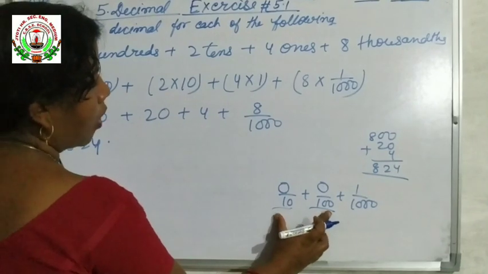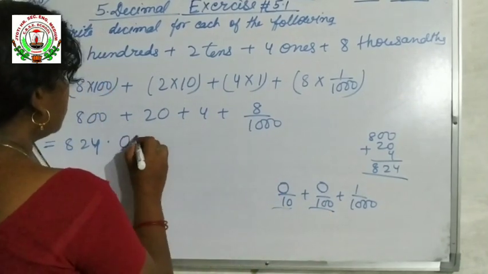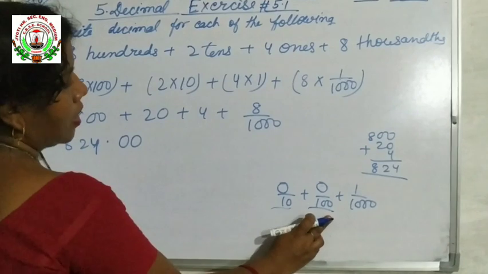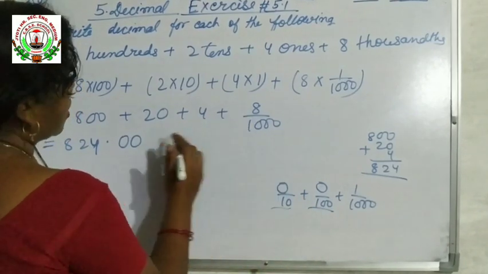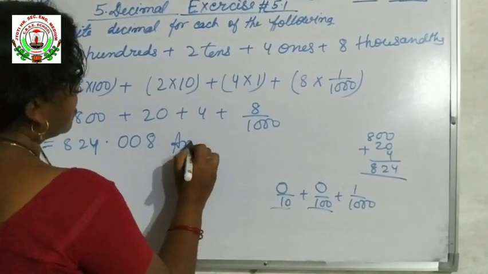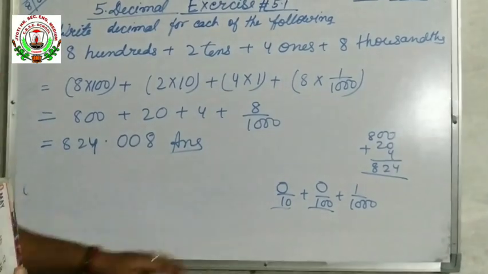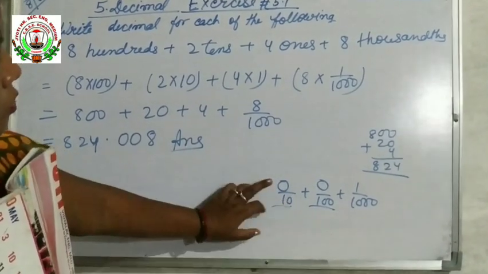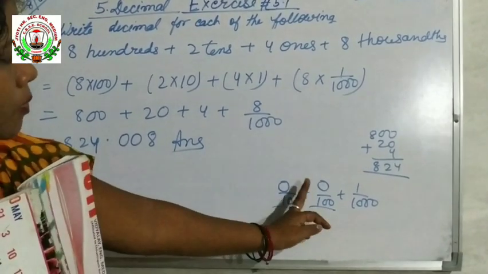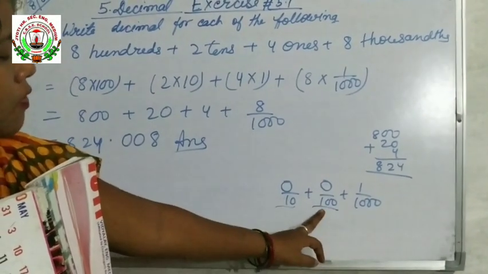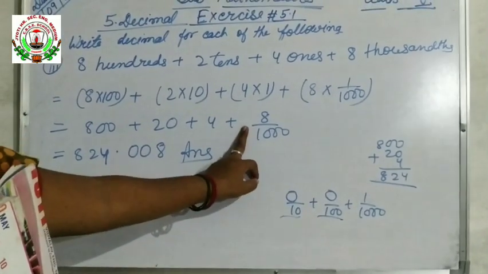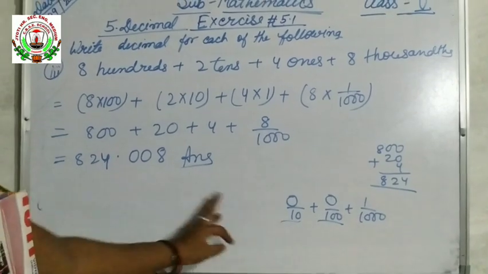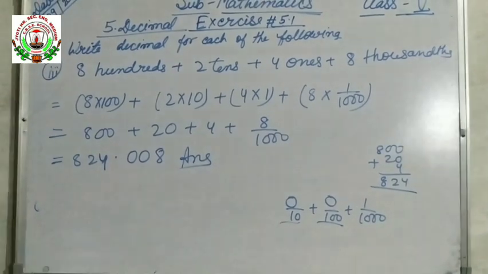So for this number you will put 0 for tens and 100. And it is given 8 by 1000, so 8 will come here. It is the answer. Understood? Which number is not given here? You will understand that 0 by 10 will be there and 0 by 100 will be there. So you will put 0 in this place. Which place is not given? You will put 0. Understood?